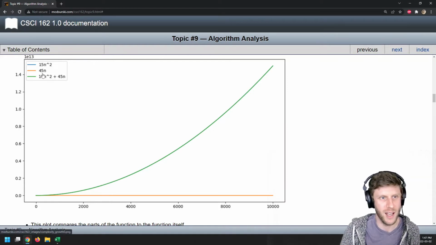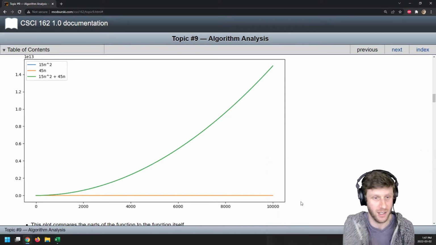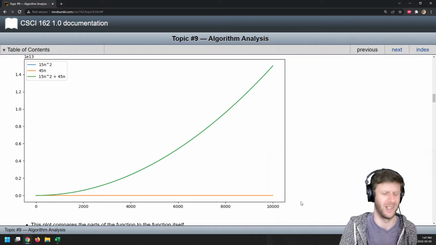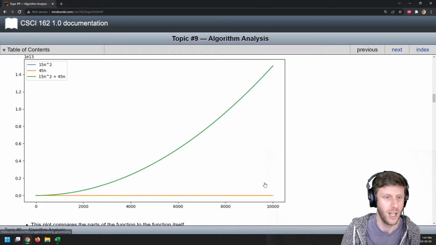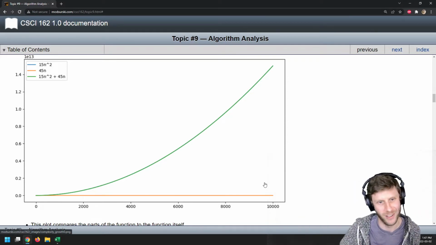The n squared part dominates the 45n so much that the 45n looks linear. It looks like a straight line. It looks like it's not even changing. Like if you plot a constant, you would see this flat line, right?